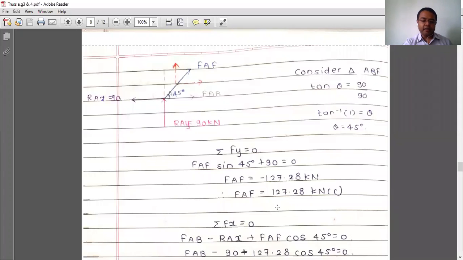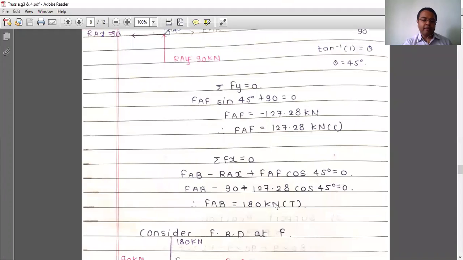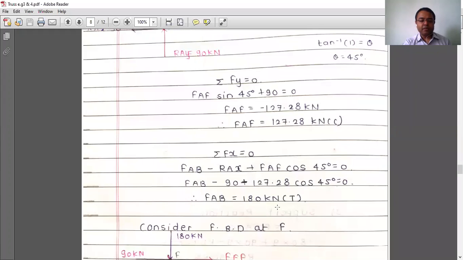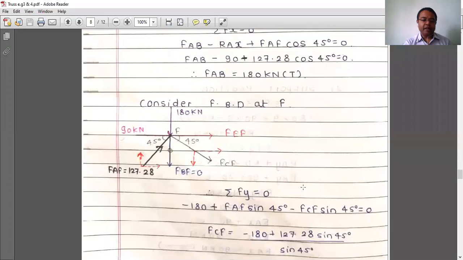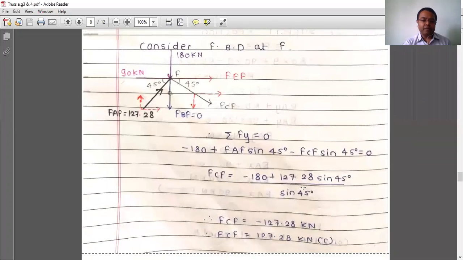You can get FAB, the force in member AB. Of course, FAB you are getting positive. Positive means the assumed direction is correct. Assumed was tensile. Now next, consider the FBD of joint F.